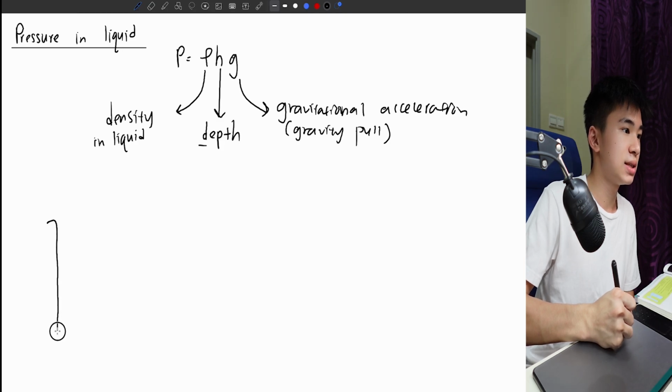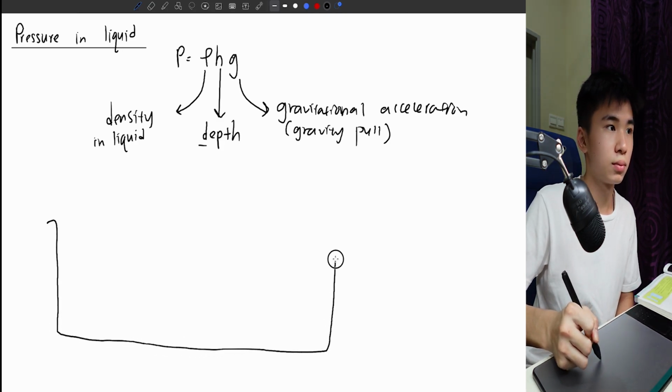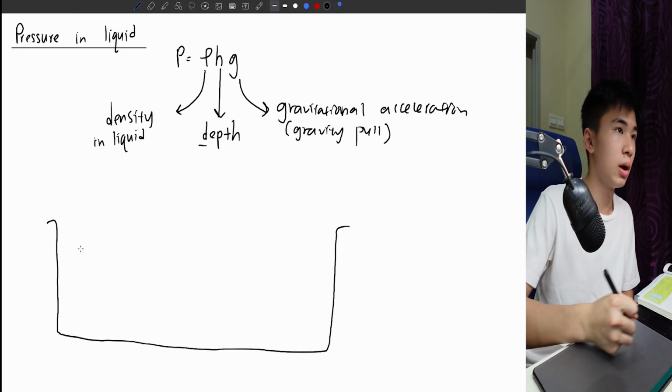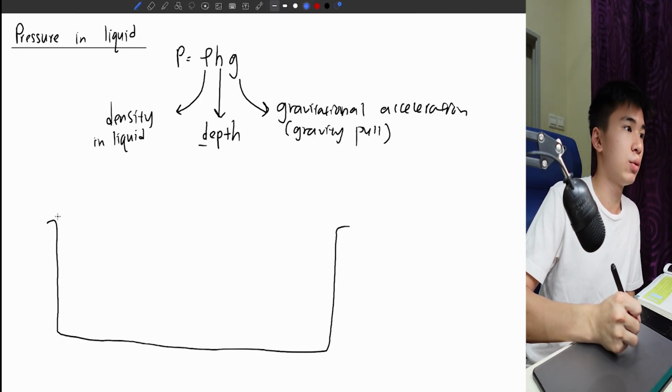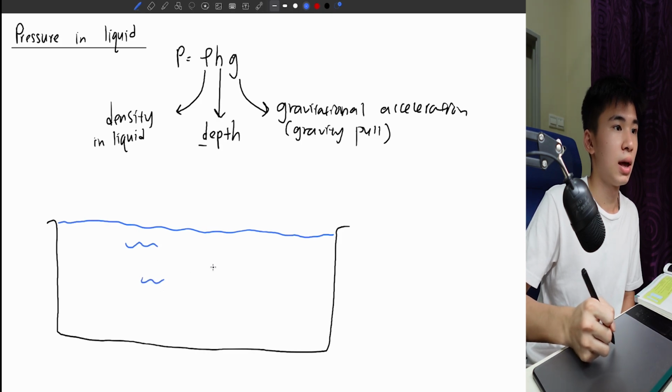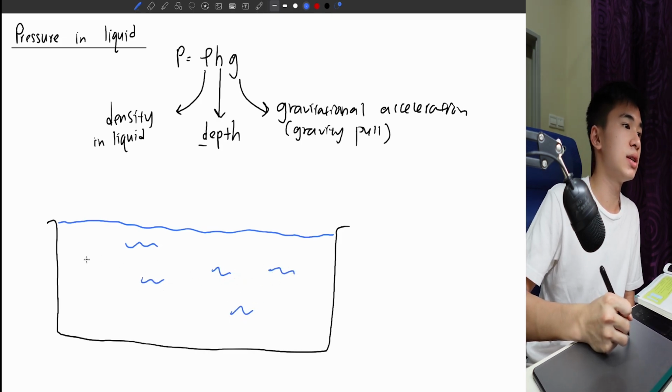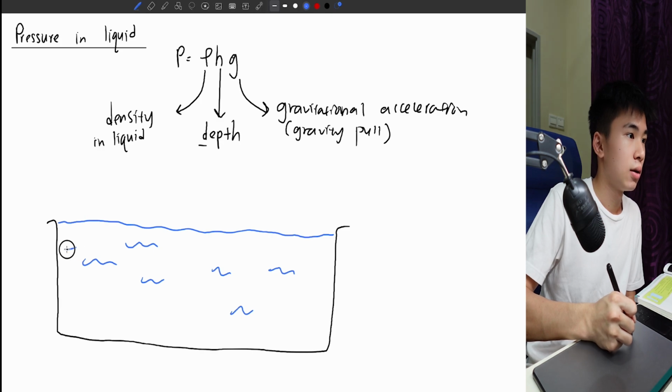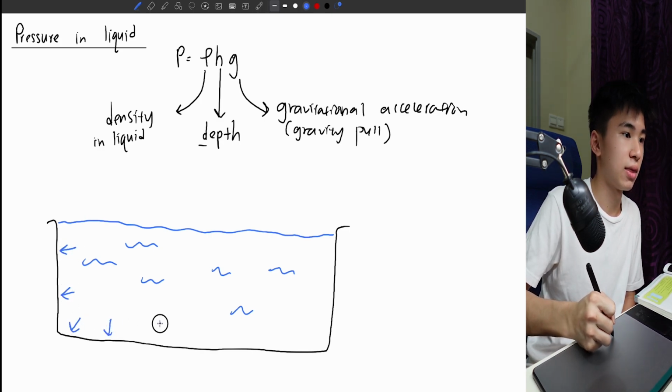I will adjust this a little bit. And let's say this is our swimming pool, and this is our liquid, which is our water. The characteristics of pressure in liquid: pressure acts in all directions like this.